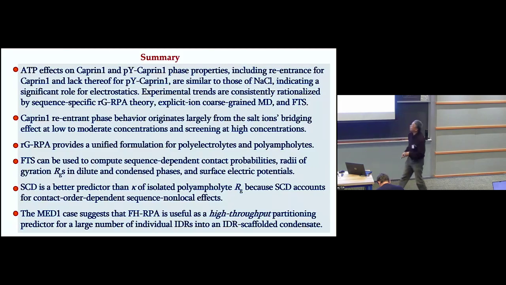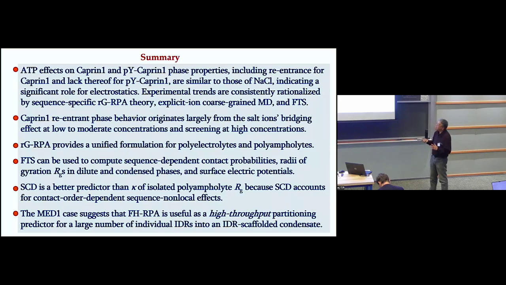Okay, just to recap. The ATP effect on caprin-1 and pY-caprin-1 is very similar to sodium chloride. So electrostatics is very important, although we should also look at other effects. The caprin-1 reentrance behavior largely comes from the short ions bridging effect, the counter ions bridging effect.